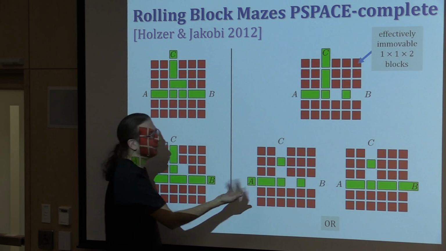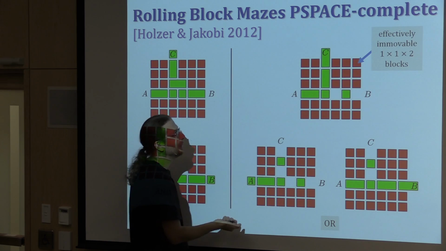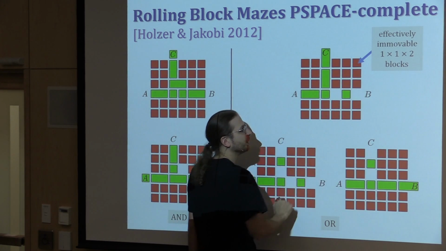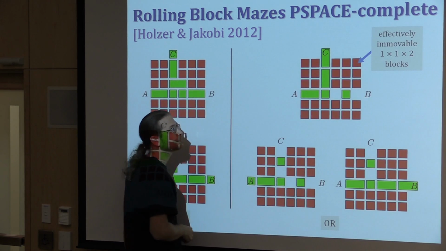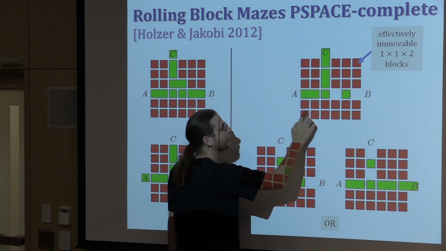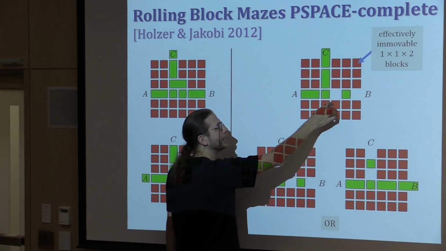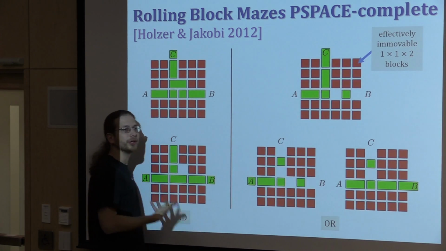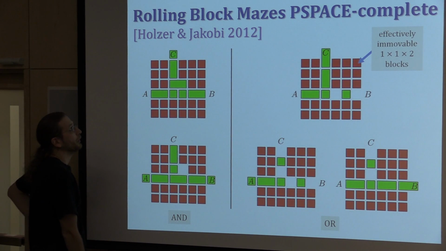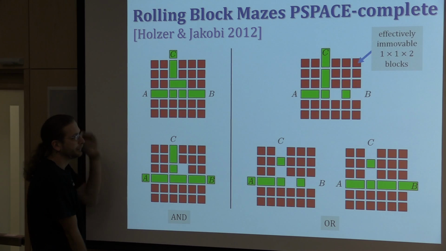And this one is an OR gate. I think I won't go through all the things, but if either this one comes up or this one falls over, then this one can come down. And you can show in this case that it's essentially impossible or never useful to make any of the red towers fall over, which lets you argue about gadgets independently. Cool, that's a pretty recent result.